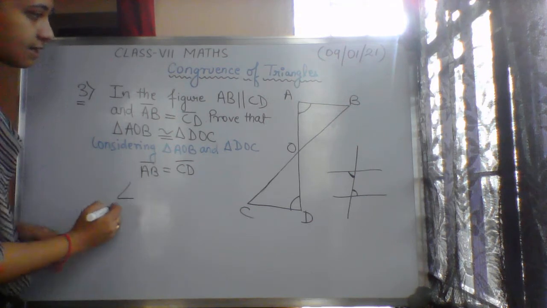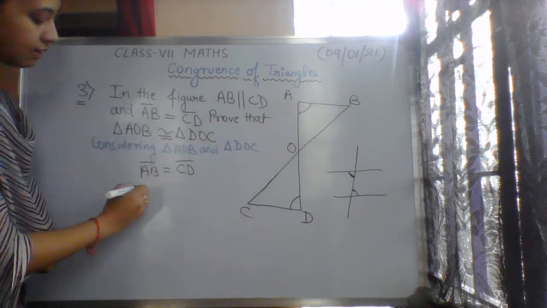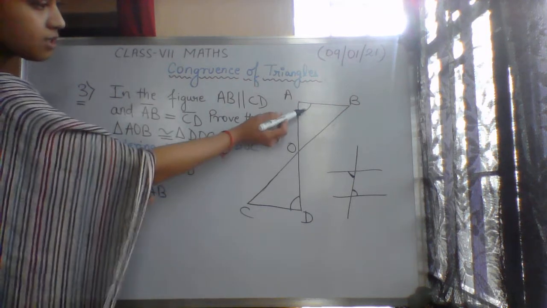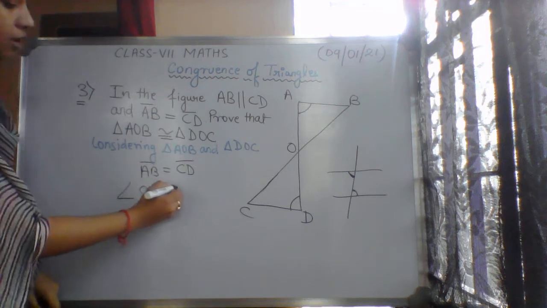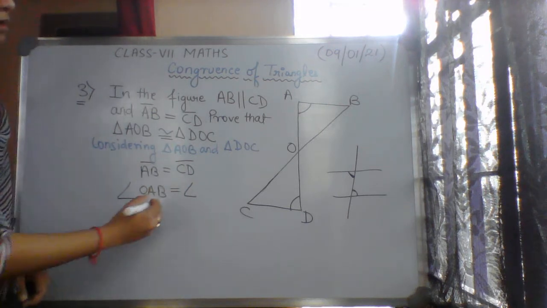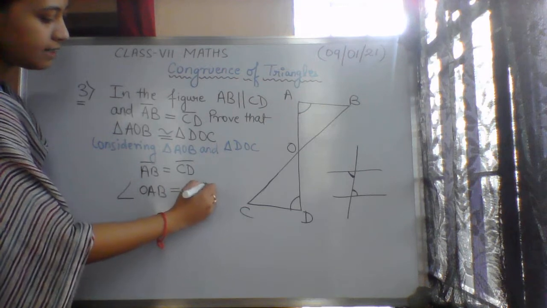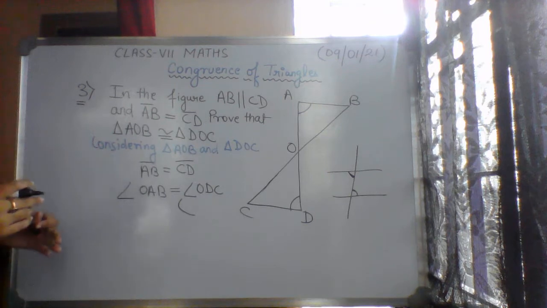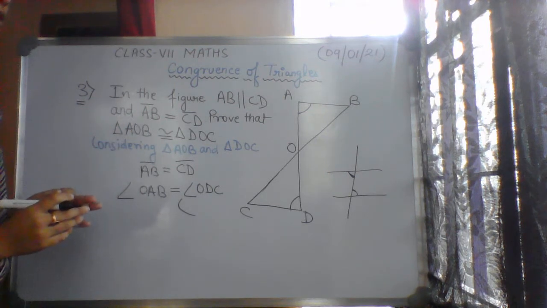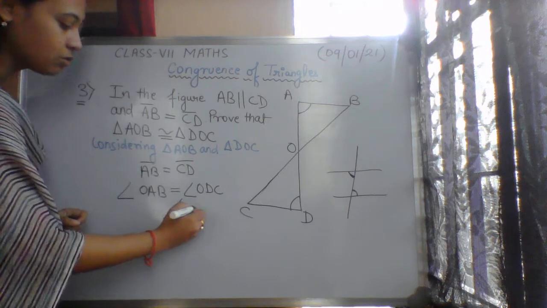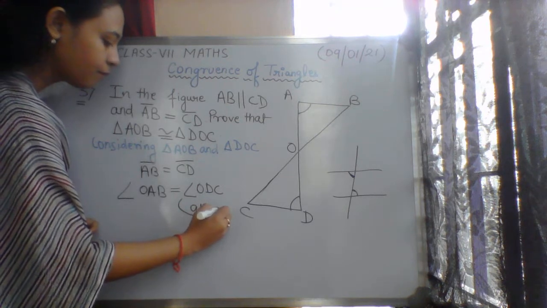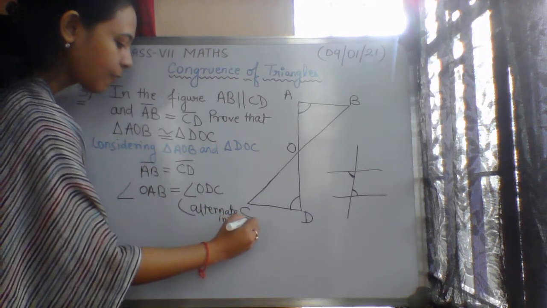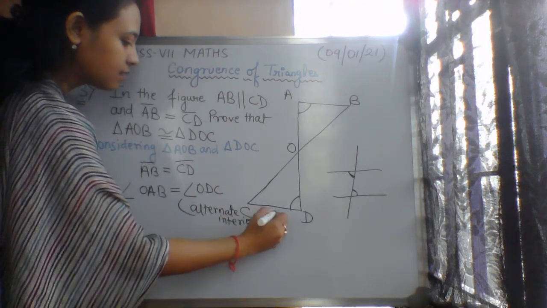So you can easily write for triangle AOB, angle OAB, with A in the middle because you are mentioning this angle, equals angle ODC. Why? That reason should be there. Because this is not given in the question, you have to mention the reason also: alternate interior angles.